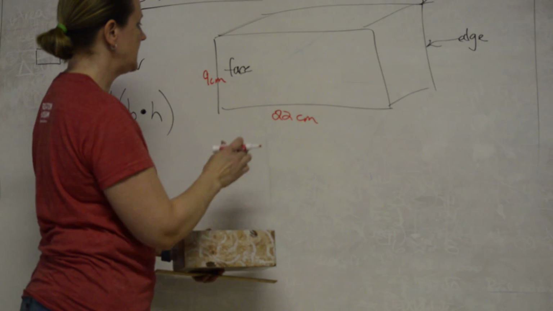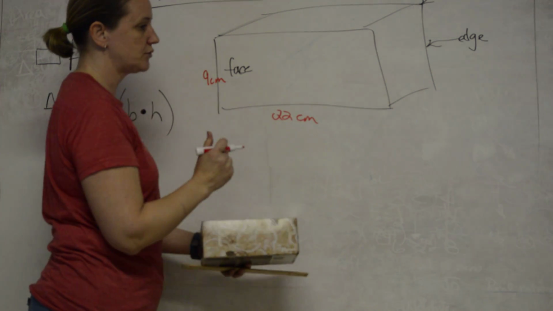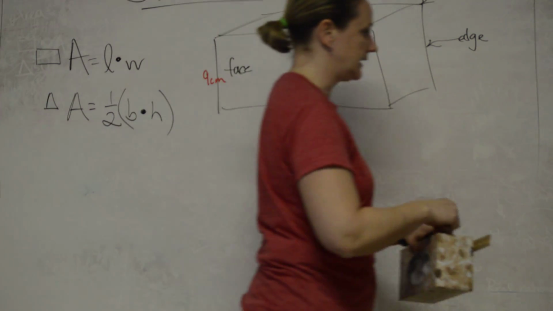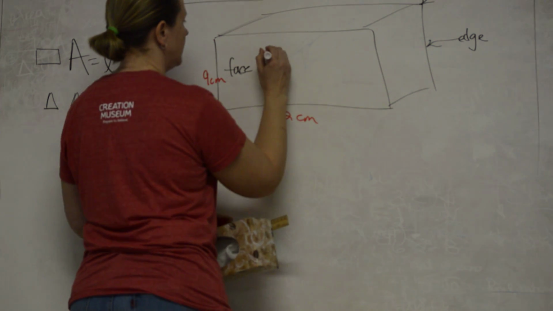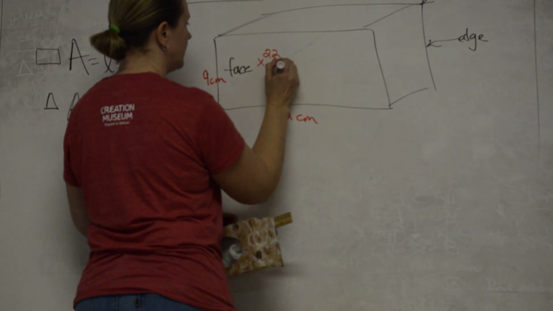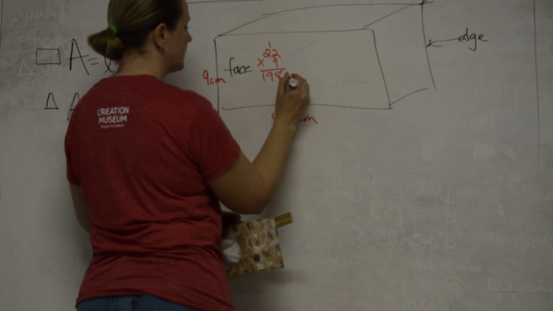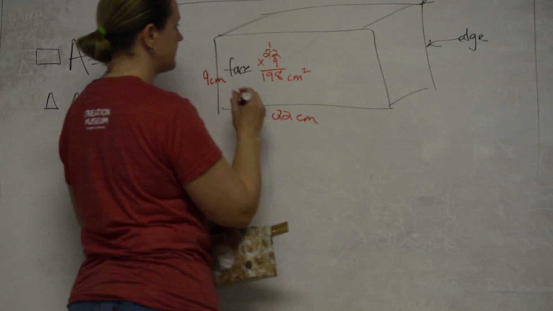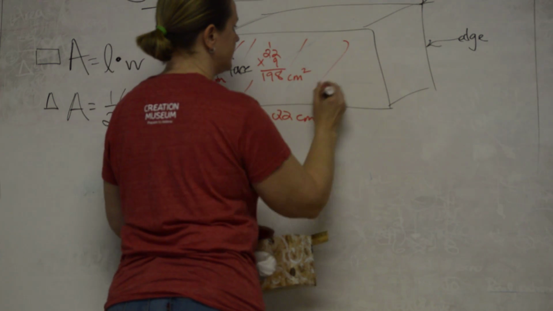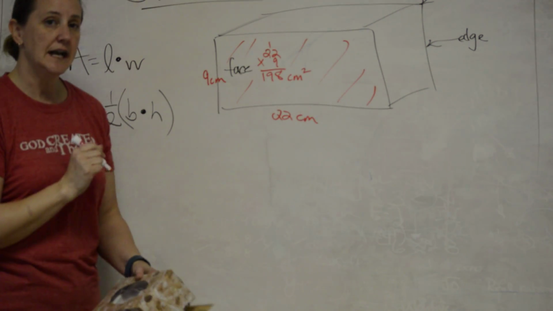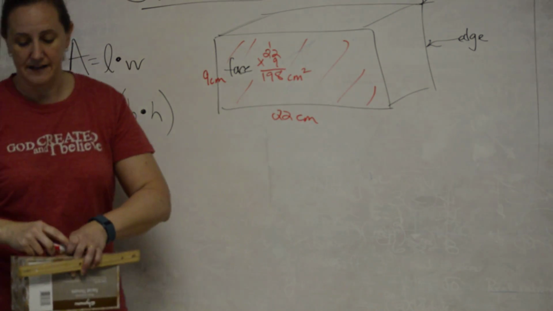Okay, so I would take 9 times 22. I'm going to grab my calculator. Well, here, we'll just do it right here. All right, and that's going to give me 198. So it's 198 centimeters squared for this face, right? 198 centimeters squared for that face.